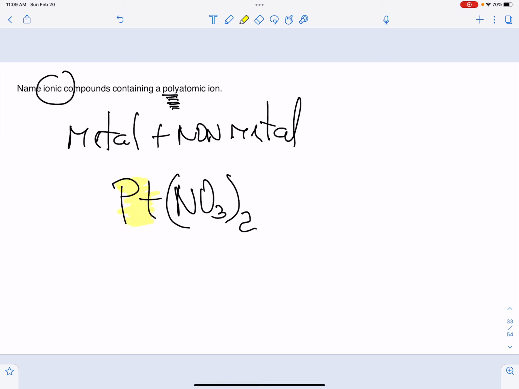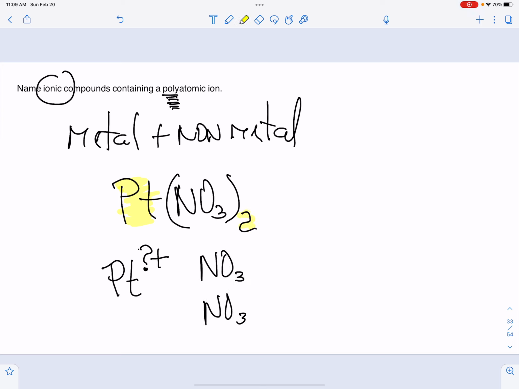That's a transition metal. So the only thing I know for sure is that it's a metal, so it's going to be positive, but I do not know what number. And I'm going to need the number to find my Roman numeral. However, I know that I have two of these, right?